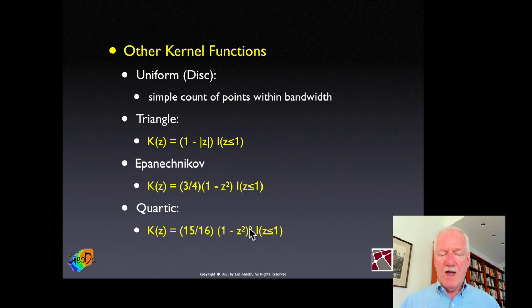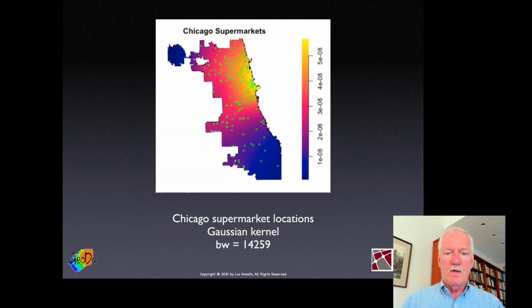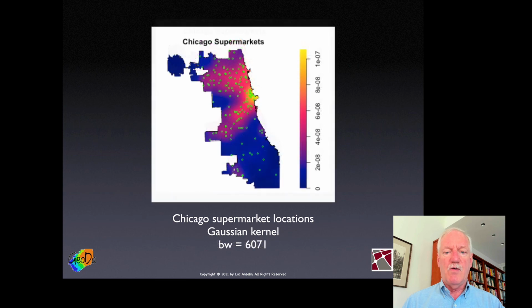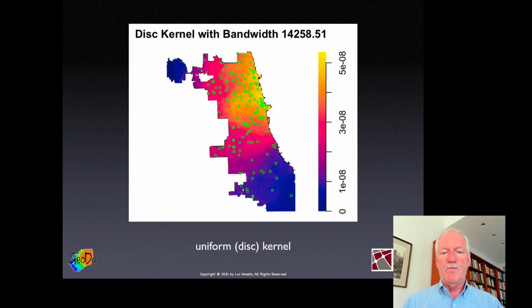And to show you the effect of the choice of the kernel function on the heat map, we don't change the bandwidth. So we use the same bandwidth as we did in the original example for the Gaussian. So, if we go back real quick, this was the Gaussian example with this bandwidth. And so now we go uniform, pretty much the same. This is dark blue, this is dark blue.